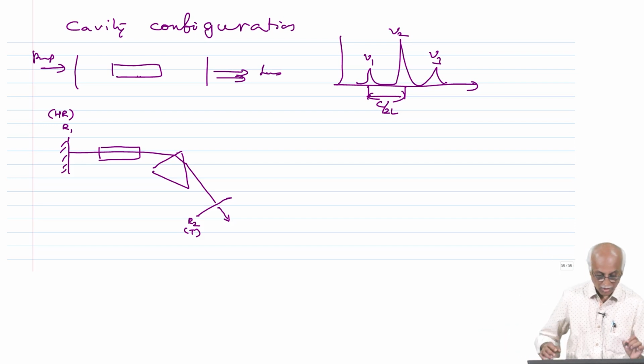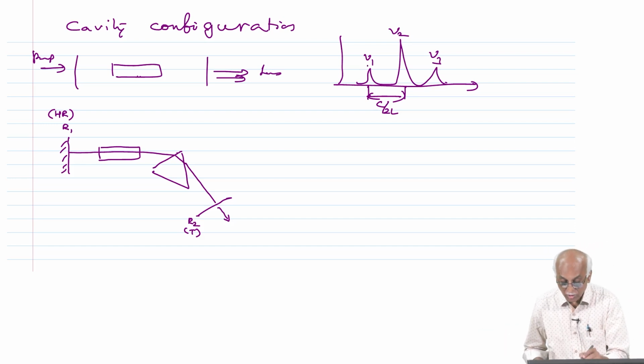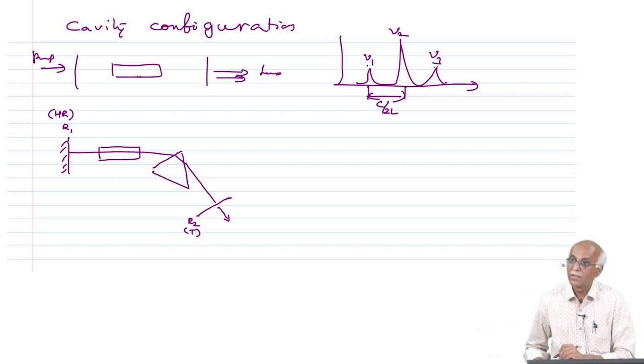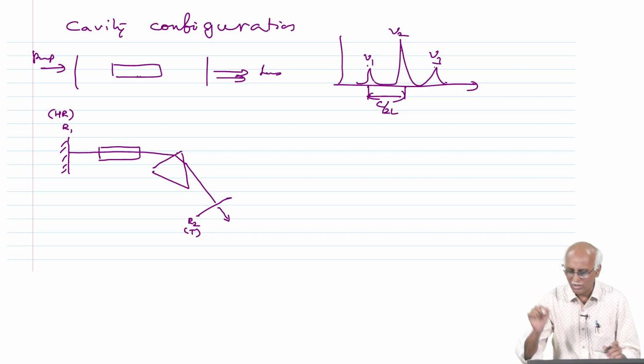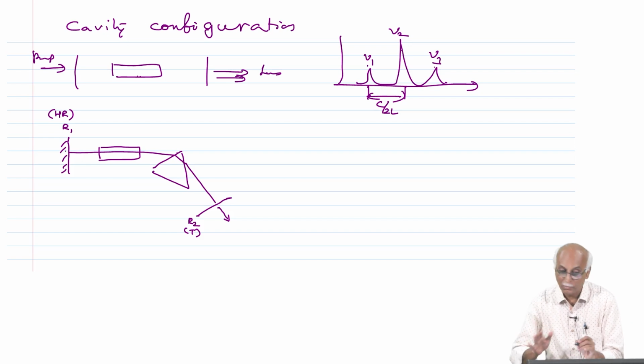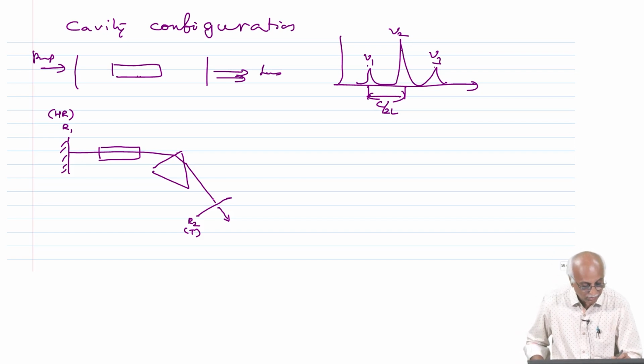Now, as you know, nu1, nu2, nu3 have different frequencies, and so the wavelengths are different, of course, with a small difference depending upon the mode spacing. So, one frequency will oscillate like this, this is nu1.